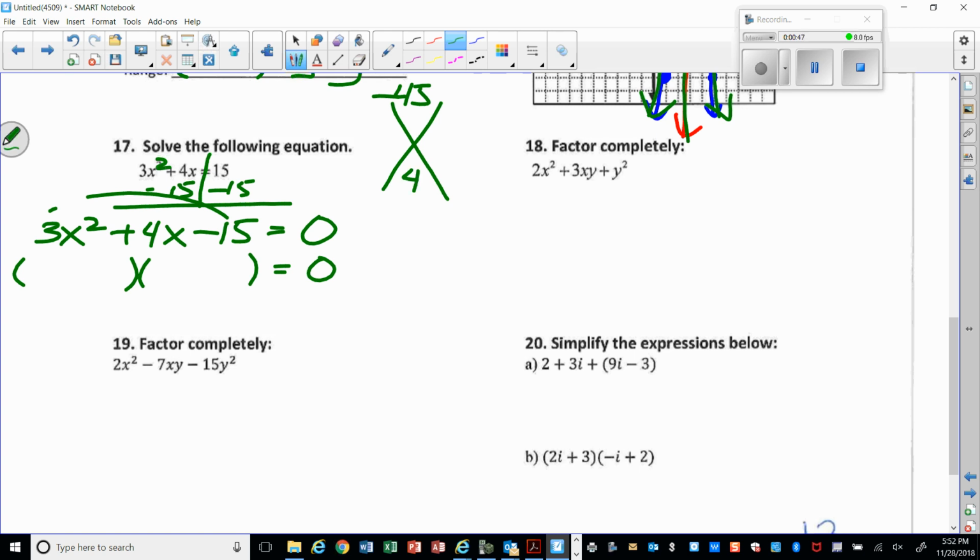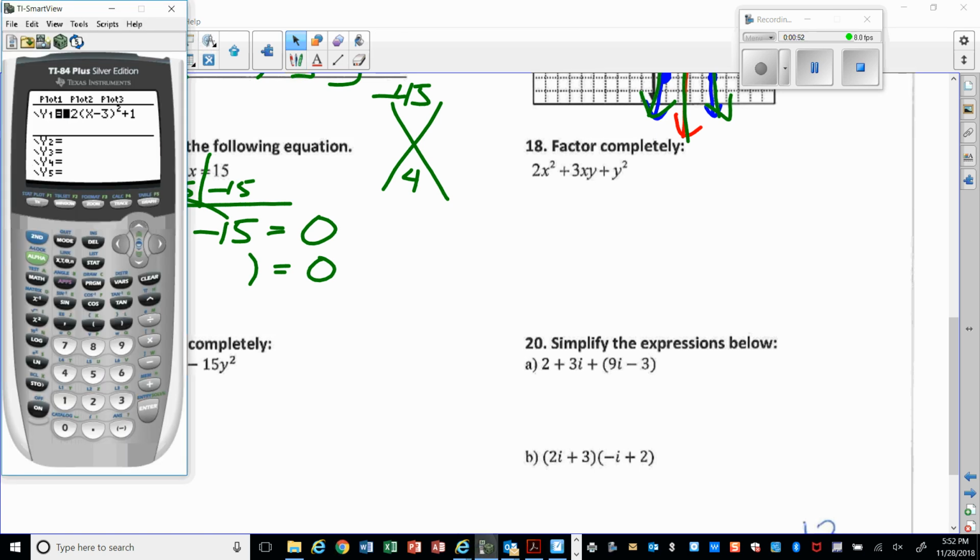So I'll go ahead on my calculator and do y equals negative 45 divided by x to get the factors of negative 45, and I want them to add up, so I'm going to do x plus, alpha trace enter, and I want them to add up to be, so I'm going to do second math, enter to get the equals, 4.